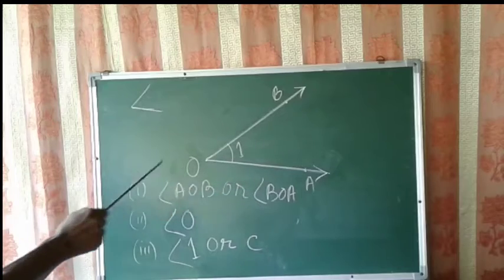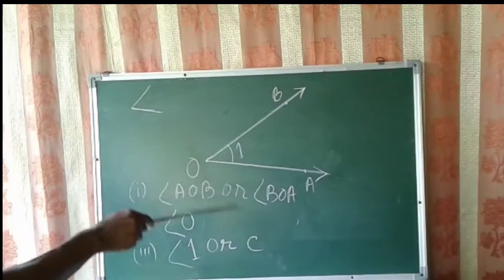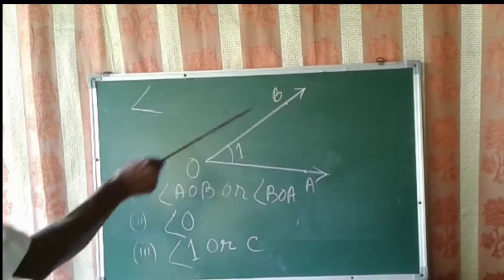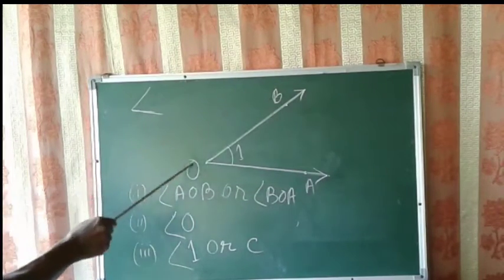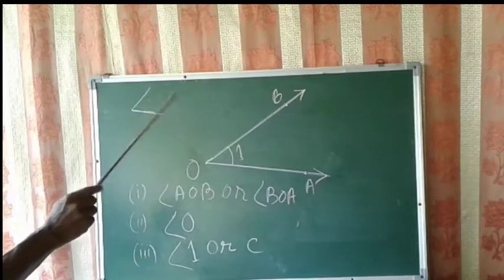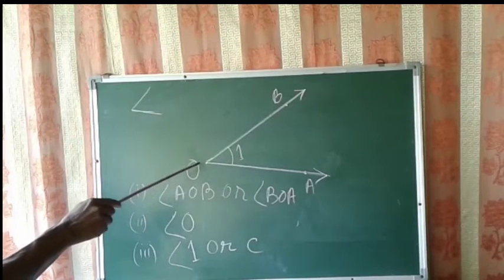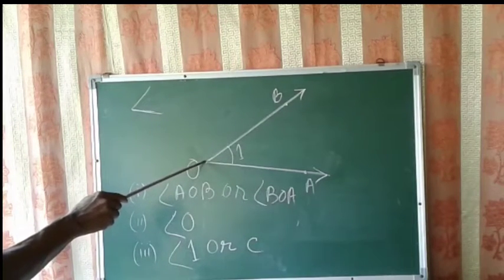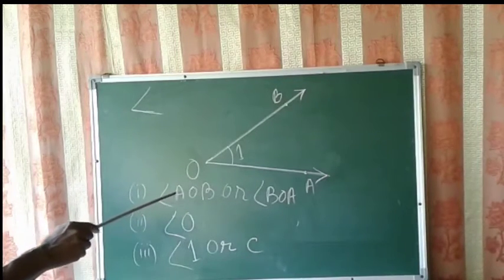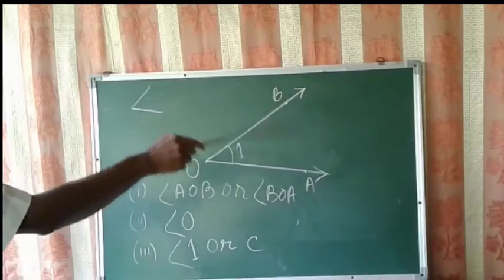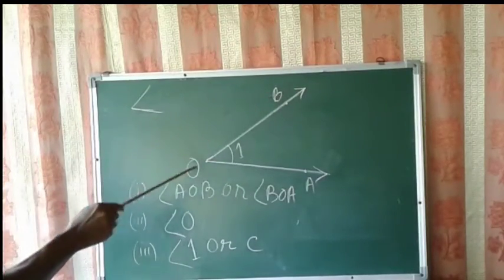In the three letter method, this angle is named angle AOB or BOA. The letter O, that means the vertex of the angle, is always kept in the middle of the other two letters. That's why AOB or BOA.